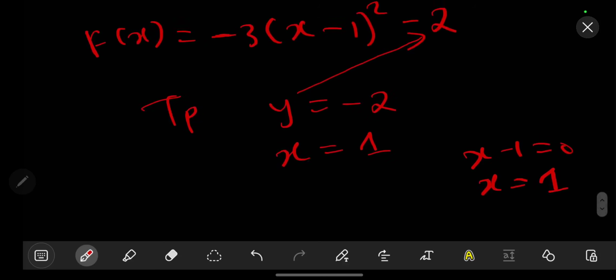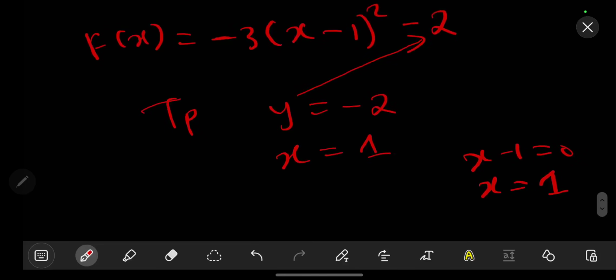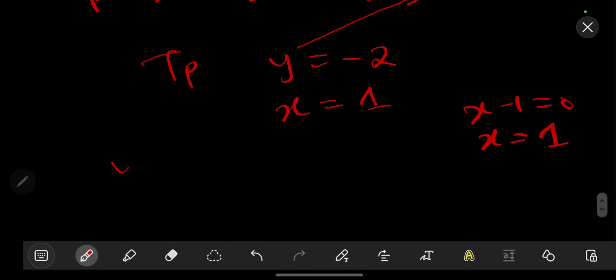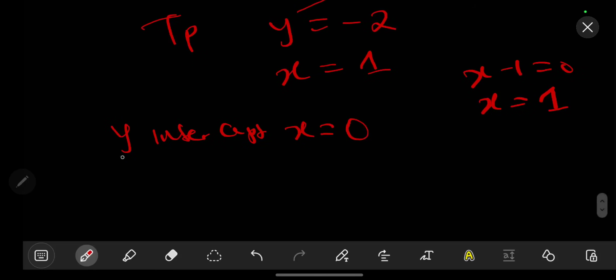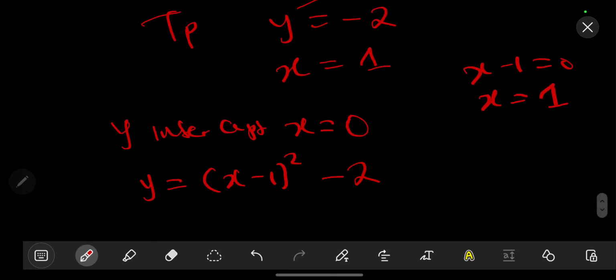So we are going to just find the y-intercept. Y-intercept, x is equal to 0 like that. So y should be equal to, the equation is negative 3 (x minus 1) squared, then we have minus 2 like that.